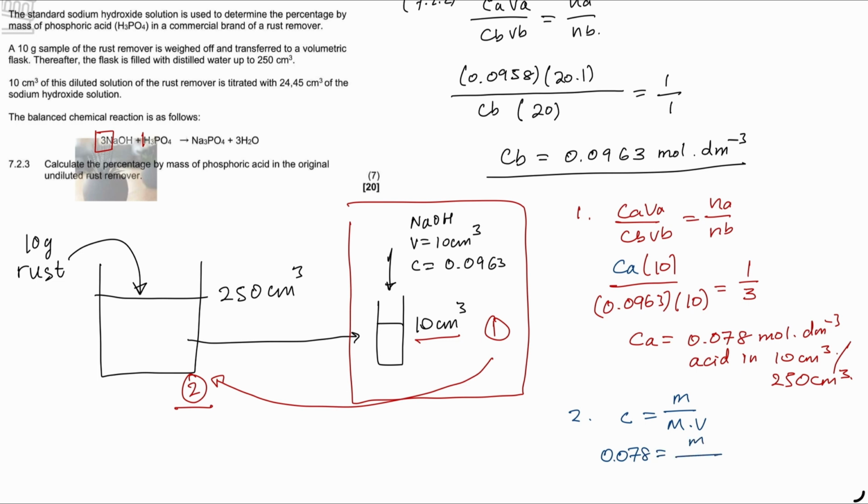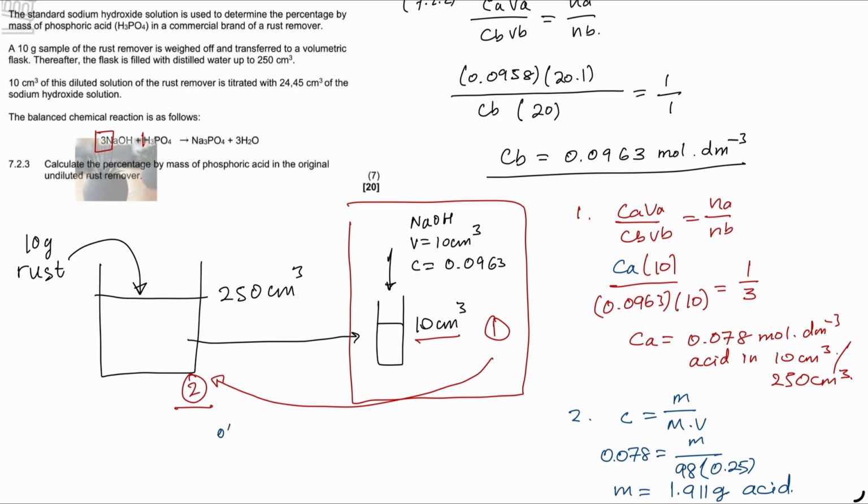The molar mass of this acid is 98. And the volume is 250 cm cubed, so 0.25. The mass is thus equal to 1.911 grams of acid.